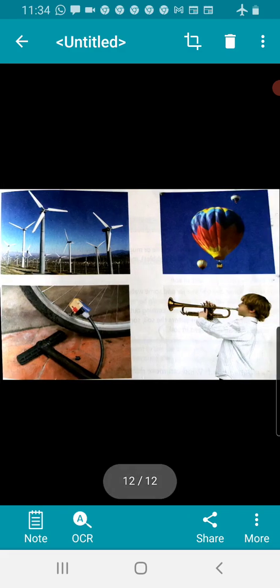Yes. The wind makes the windmill rotate. The windmill is used to draw water from tube-wells and to run flour mills. Windmills are also used to generate electricity. Air helps in the movements of sailing yachts, gliders, parachutes, and aeroplanes. The birds, bats, and insects can fly due to the presence of air.